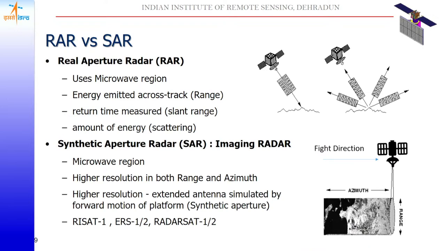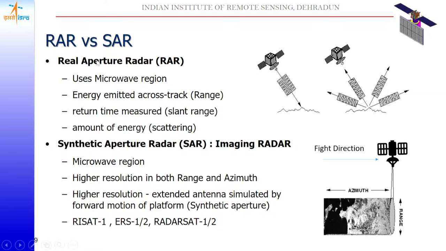So what is the difference between RAR and SAR? What is RAR? It is a real aperture radar, a normal physical radar. It also uses the microwave region, and the energy is emitted across track. It senses the return time, meaning how much time delay there is, which gives the slant range, and the amount of energy that is scattered.